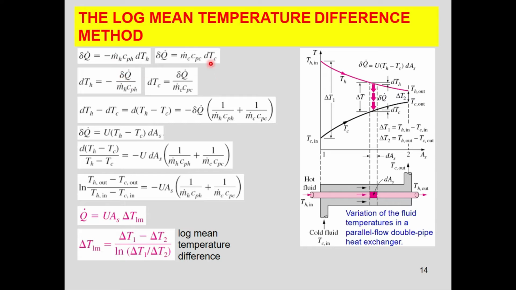Similarly, from this expression we take delta TC on the left hand side and all the other parameters on the right hand side, right? And we will take the difference of these two equations. We'll take the difference, delta TH minus delta TC, right? So after taking the difference of these two equations, we will ultimately come up with this expression.